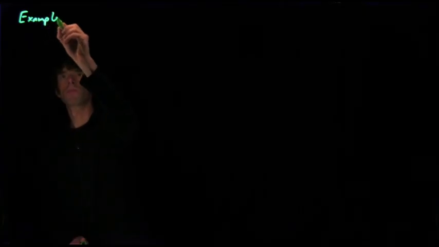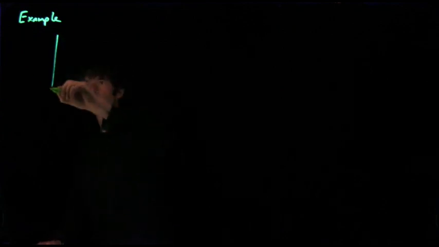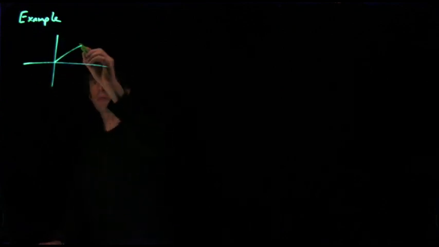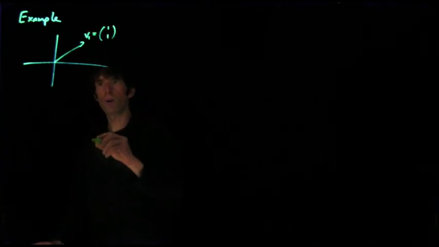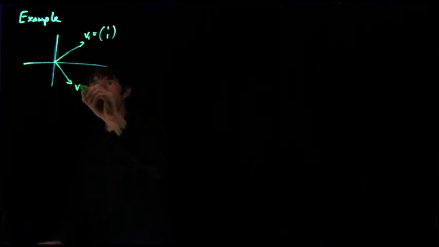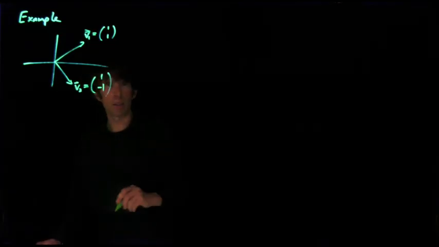So let's see this in action with an example. I'm going to go back to the same basis we had before: our vector v1 represented in the standard basis was (1, 1), and v2 represented in the standard basis is (1, -1).